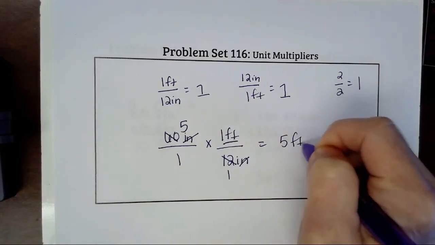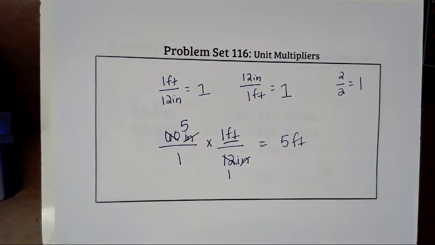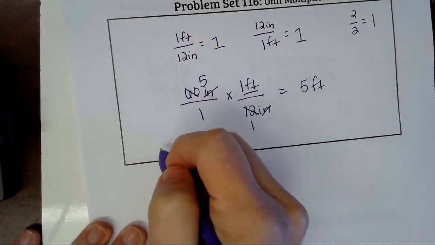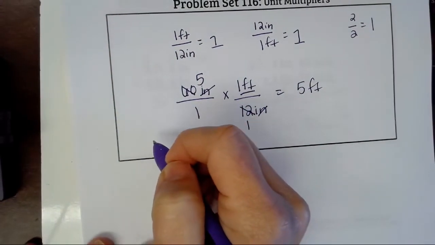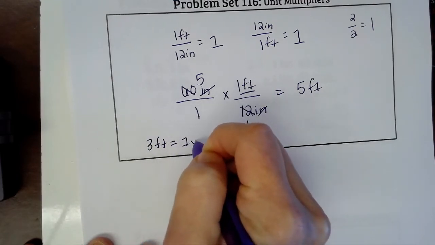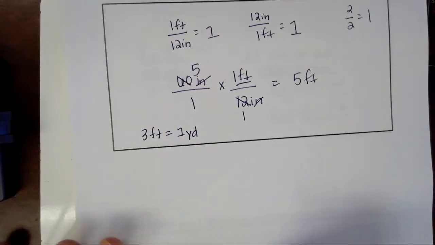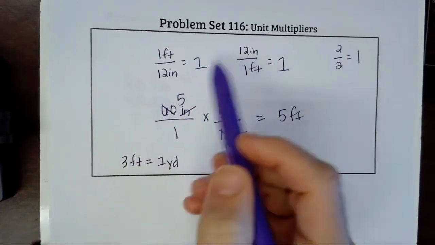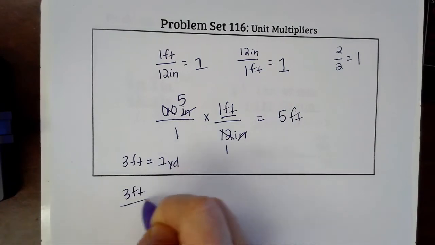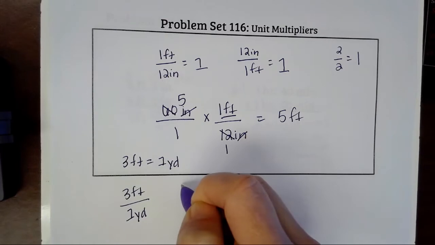Next one I want to look at is write 2 unit multipliers using these equivalent measures. The equivalent measures are 3 feet equals 1 yard. So let's go back up here and look at what a unit multiplier is. We could make 2 out of this equation: 3 feet over 1 yard, or 1 yard over 3 feet.